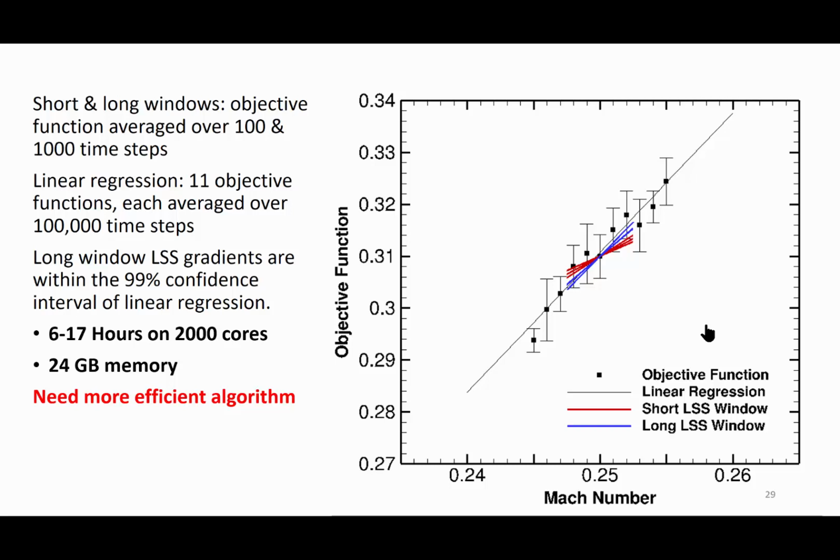Just to find the shadowing solutions for this very simple problem, it took 6 to 17 hours on 2,000 cores. So we successfully transformed a problem that can be solved on a single core into a supercomputing problem, which we hope we don't have to do, right? That motivated us to develop ways to do this more efficiently.